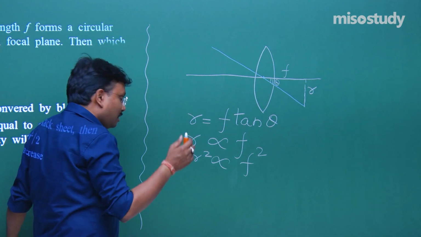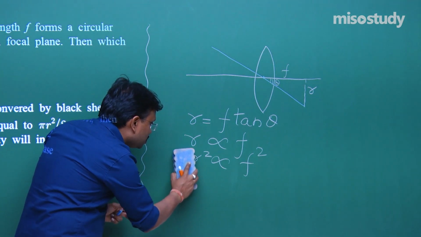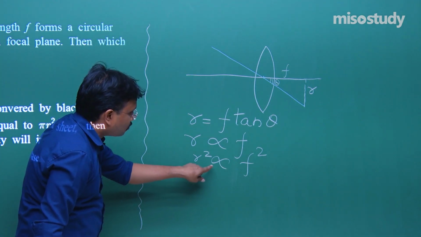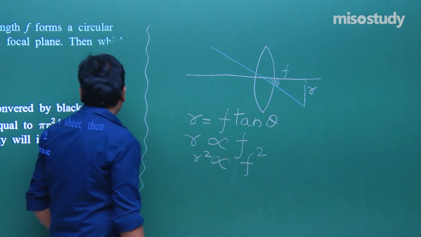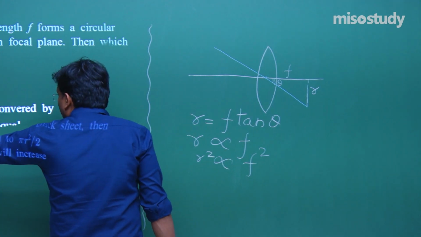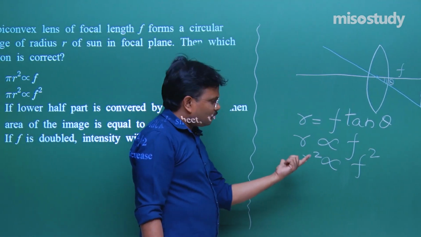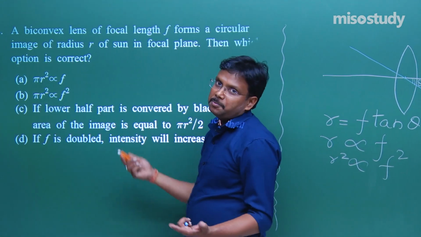Or if you are very specific, you can write that r squared is directly proportional to f squared. But in the options pi is given, that is why I am writing pi. So very easily you can say that B is the correct option.